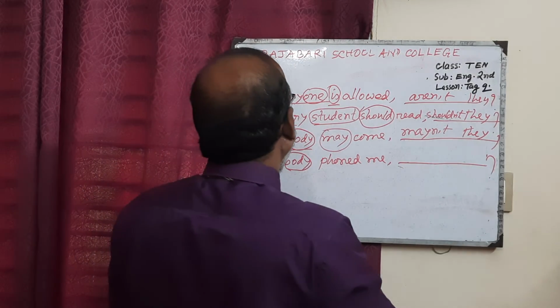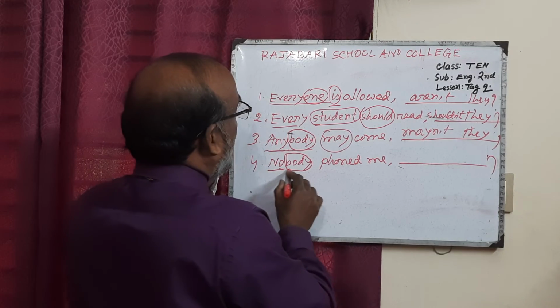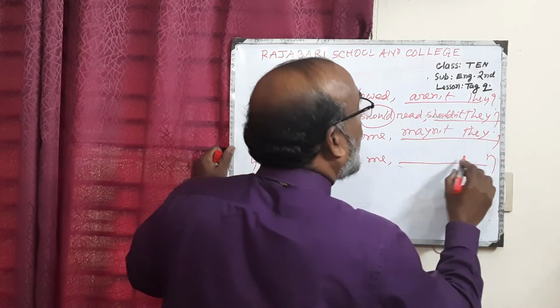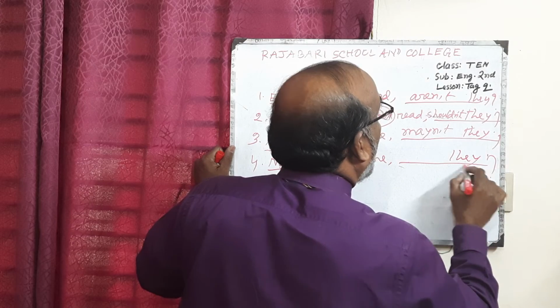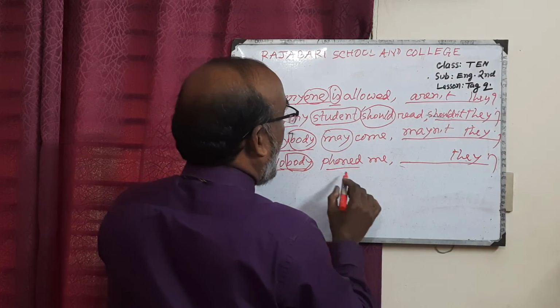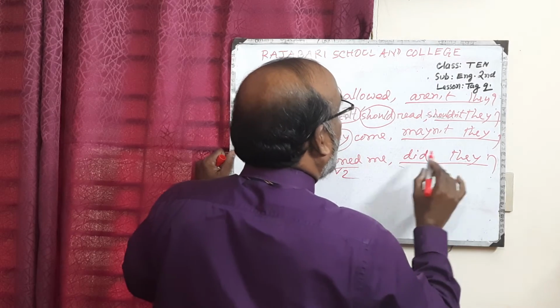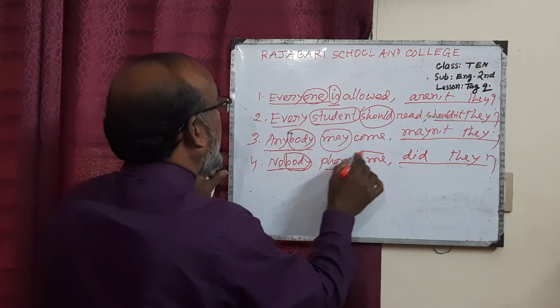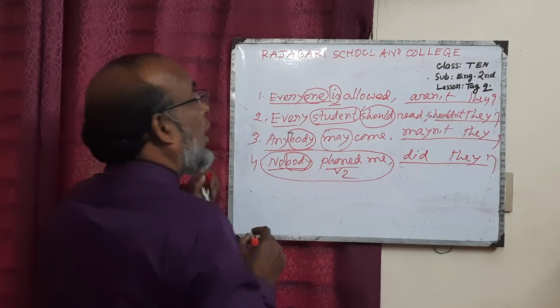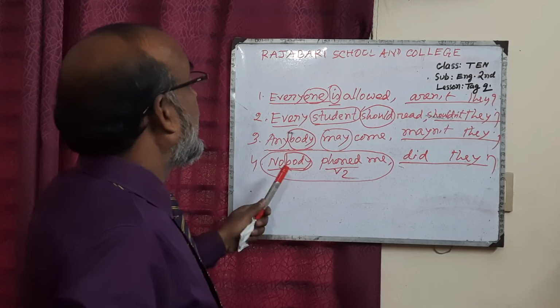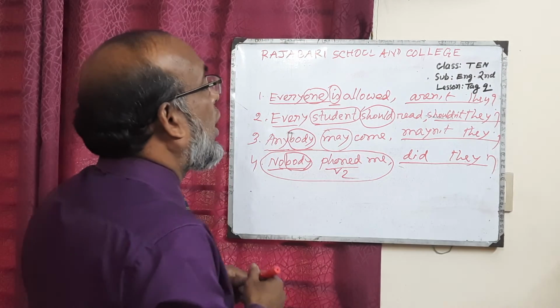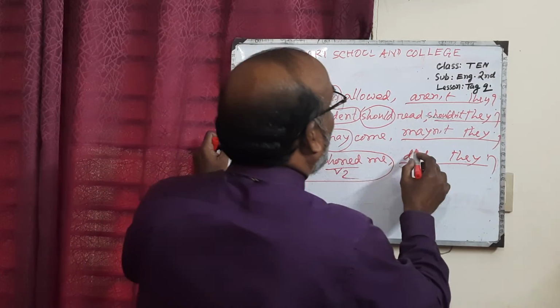This is why you will use the subject they, but as the auxiliary verb, verb 2, you will use only did, because this is a negative sentence. This is why you will use here an affirmative tag.